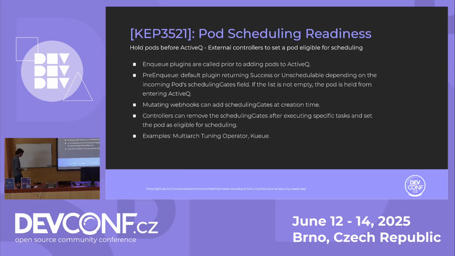The default Enqueue plugin essentially allows you to stop a pod from being scheduled until a list of scheduling gates, which is provided in the specification of the pod, is empty. If it's not empty, the pod stays there in pending status.